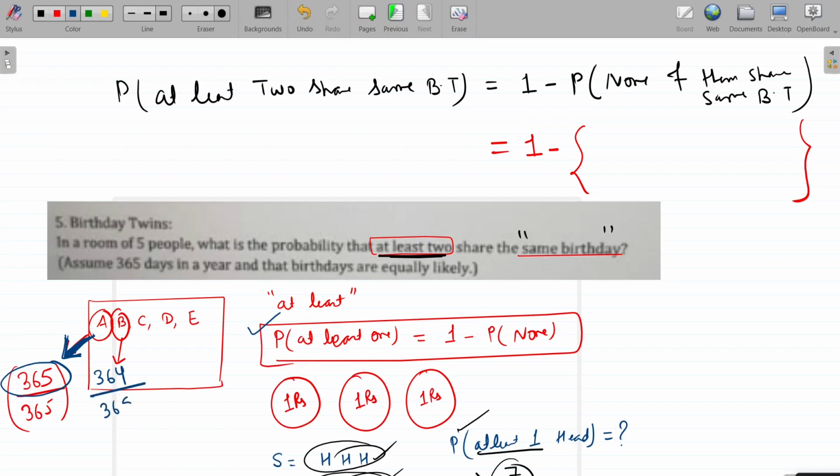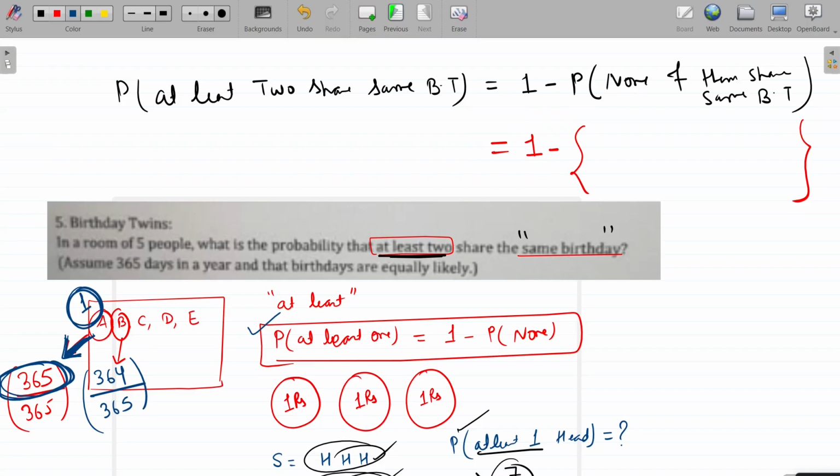Why? Because I am considering that all should have different birthdays. On one particular day A will get birth, so that day is not available for B.